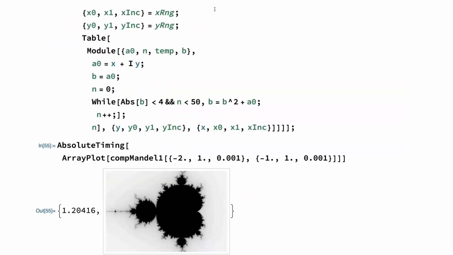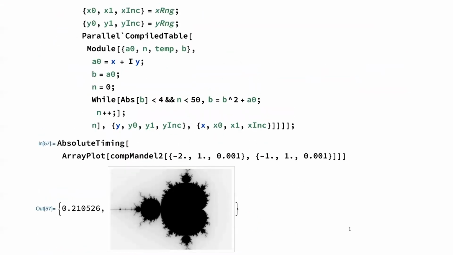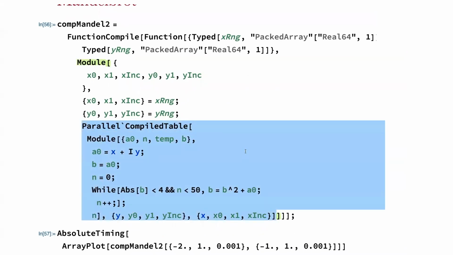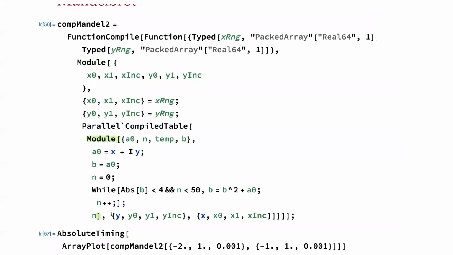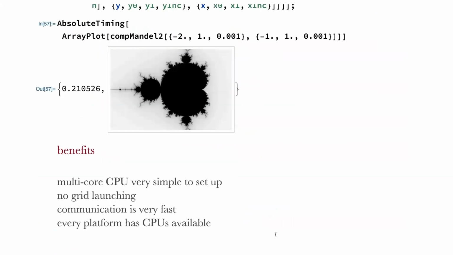We've gone from 1.2 seconds down to 0.2 seconds. One of the things this does is fusing: there are two iterators here, and it fuses both of them into one iterator and does all of that in parallel.